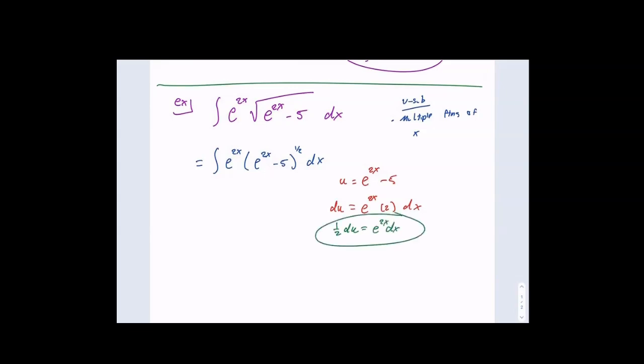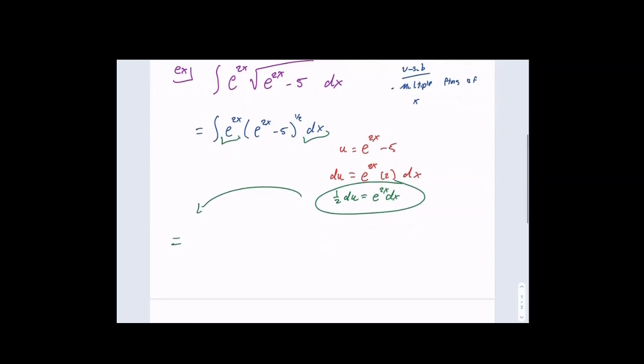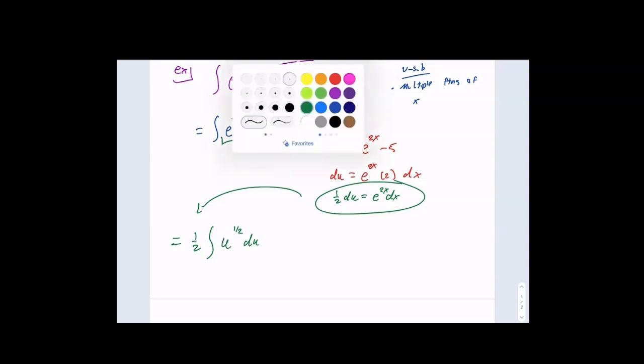Perfect. And there's my e to the 2x dx part right there. So I'm happy with that. Now this becomes 1/2 integral of u to the power of 1/2 du. Perfect. Like I said, everything always gets to the same spot at the very end.